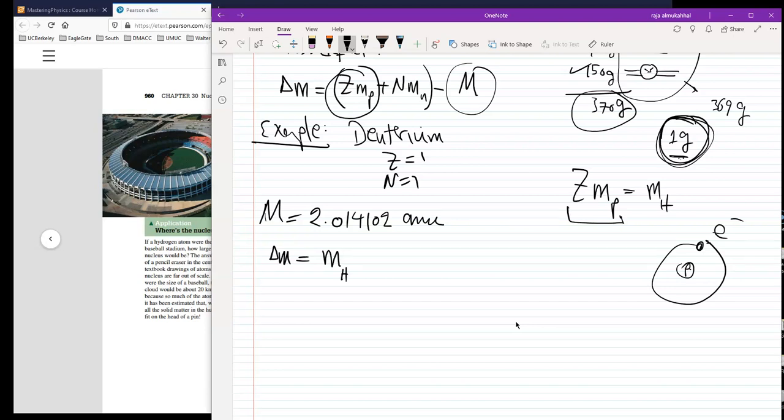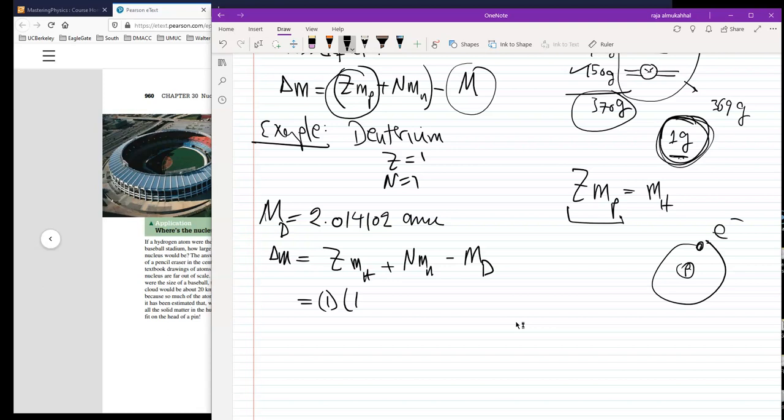For the hydrogen, so it's the mass of the hydrogen atom, maybe I should make myself a little more clear: Z times the mass of the hydrogen atom, plus N times the mass of the neutron, minus the mass of the deuteron. This is the mass of the deuteron right here. So that's going to be 1 times the mass of the hydrogen atom, which we can go back to the table and look up.